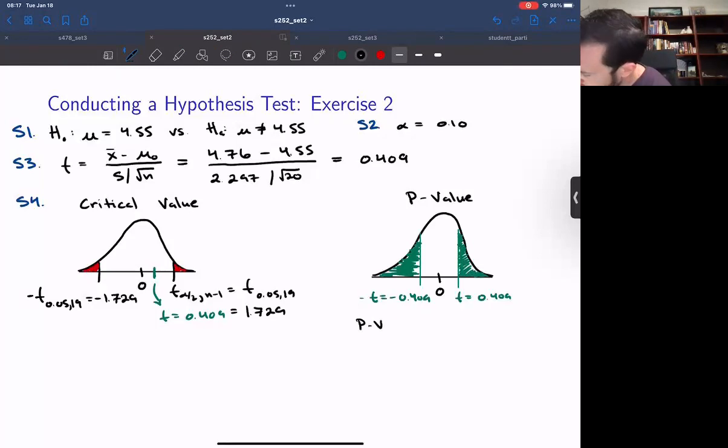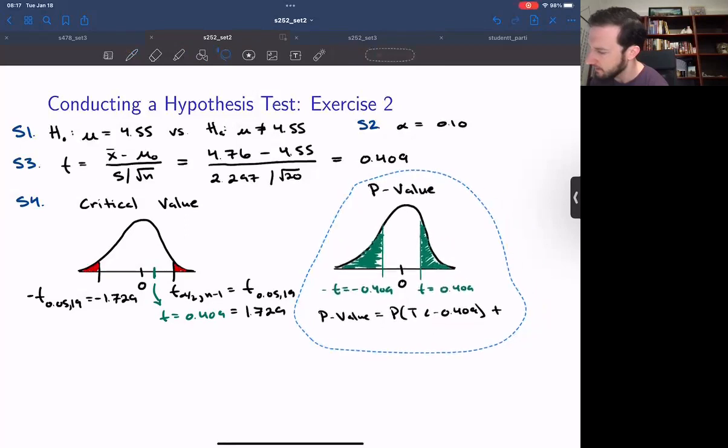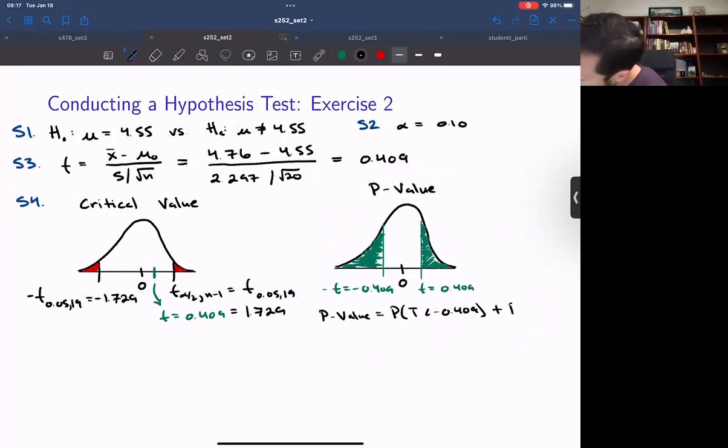So we're going to have the p-value is equal to the probability that t is less than negative 0.409 plus the probability that t exceeds 0.409. Okay, because those regions are the exact same size, this is equivalent to saying that the p-value is 2 times the probability that t exceeds 0.409. Right, so this would be the same expression.